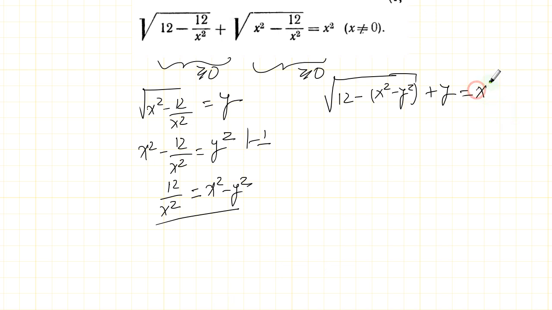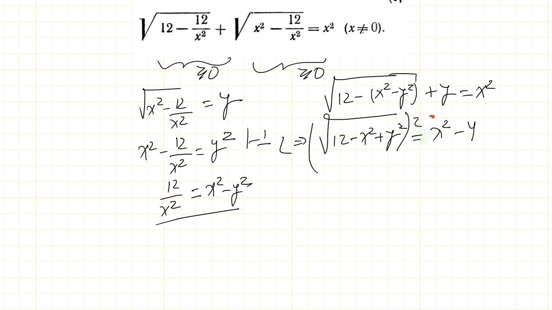Equals x squared. So now we're going to have this minus this, and this is going to be the square root of 12 minus x squared plus y squared, and this is going to be x squared minus y. So now I'm going to square both sides of the equation.